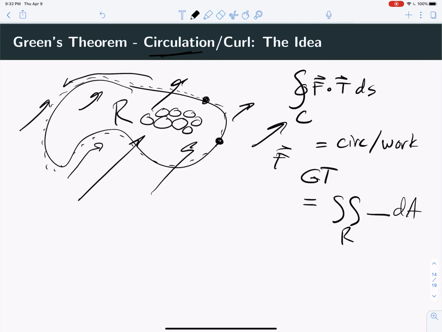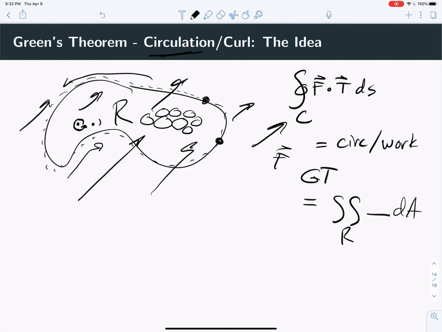Remember, for the divergence theorem, we added up all these little divergences at every single point, but we noticed that those divergences canceled out, except on the boundary, then we got that net outward flux. Well, we're not talking about flux in this case, we're talking about circulation. So for every point, we want a way of adding up how much circulation is happening at that point.